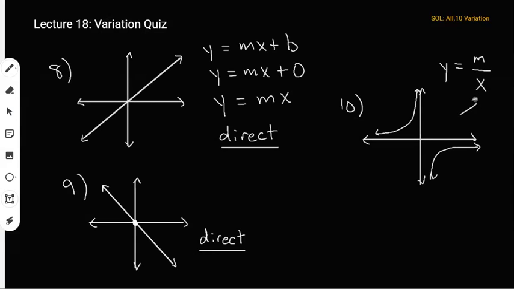Notice that x can never be 0, because if it was 0, I would be dividing by 0. That's why it has a vertical asymptote right here. So this is going to be inverse. So that's the graphs at the bottom.